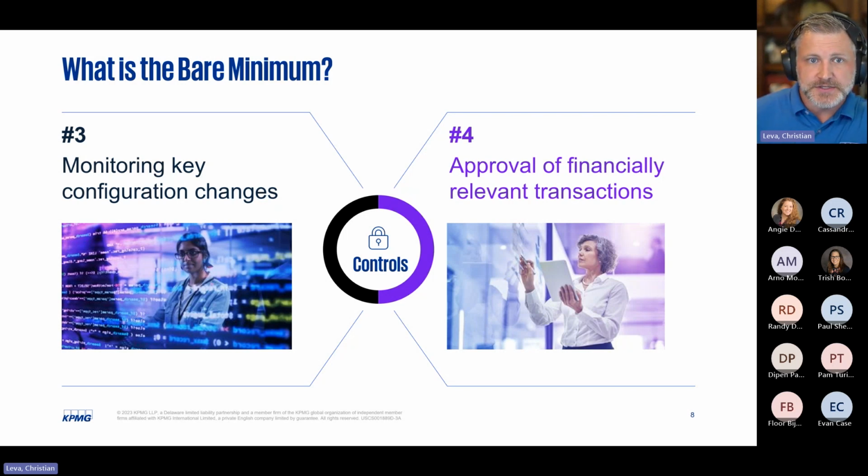So the ideal scenario is that when one of those changes is requested, you have a ticketing mechanism where someone submits a request to make this change. That request is reviewed and approved for appropriateness. Obviously, the person submitting the request is not the same one who approves the request. There should be a little bit of a separation there.